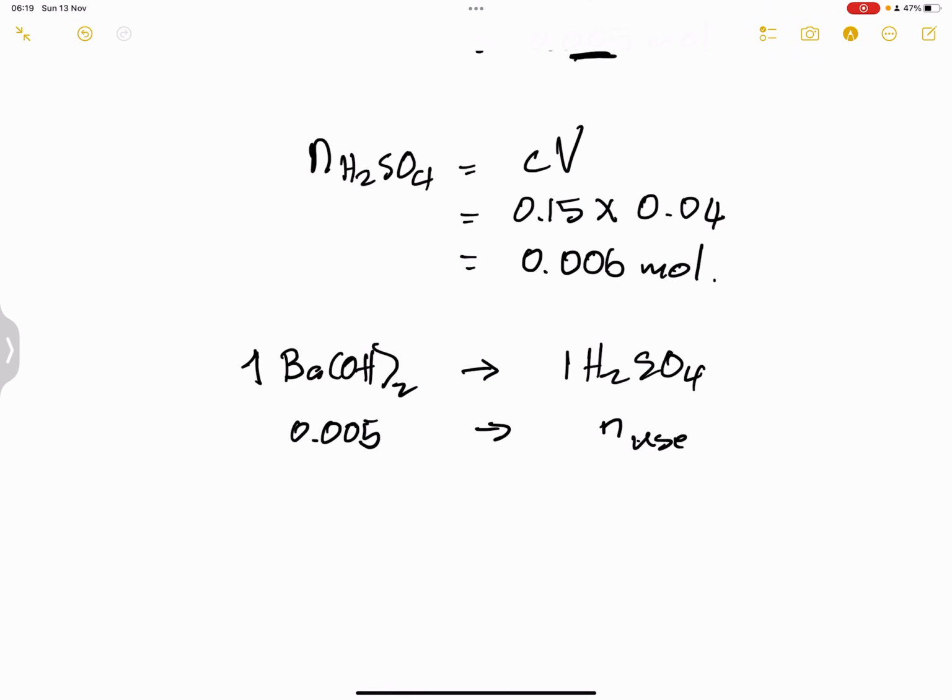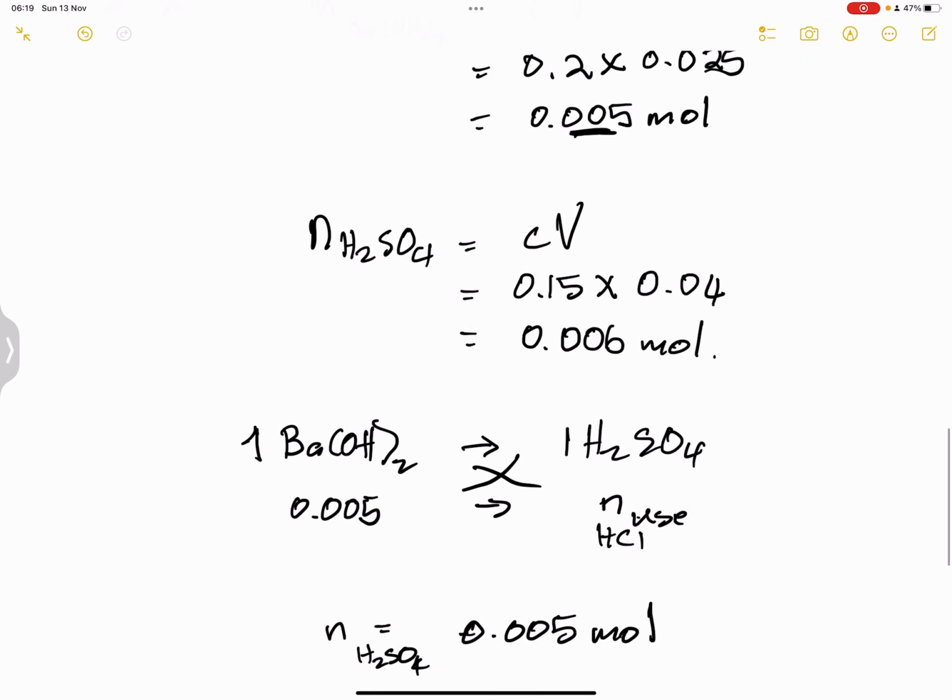Cross multiplying, the number of moles of sulfuric acid used is 0.005 moles.